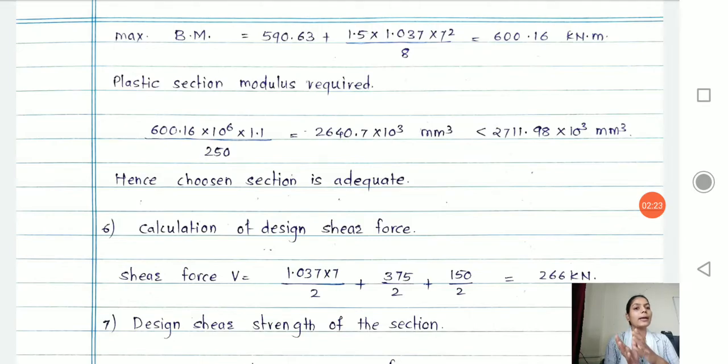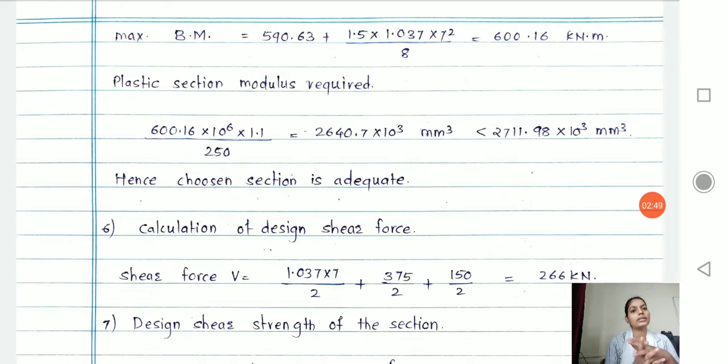checking the capability of our section. Is the section which we have chosen for design capable of taking the load coming upon it? Will it provide sufficient resistance for deflection, and what is the shear carrying capacity, or how does it resist the shear forces? So all this comes in the calculation.